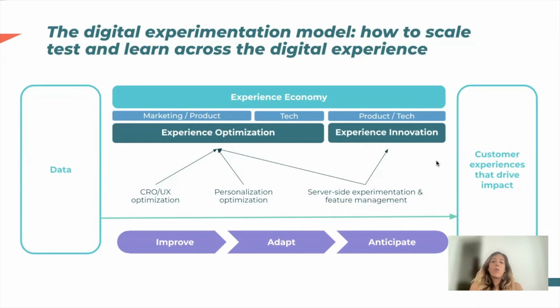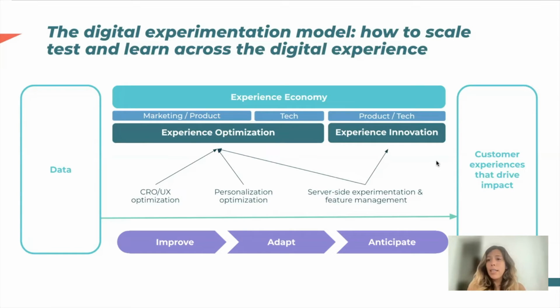And so the idea is that with these two parts, the experience optimization and the experience innovation together, they make up a very functional digital experimentation model within an organization where there's a shared and common roadmap, where there is de-scoping and scoping, where teams are enabled, but they have visibility across the board, and they're able to move at the pace of change, right? Because everything is based on data.